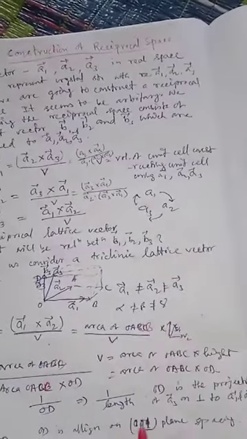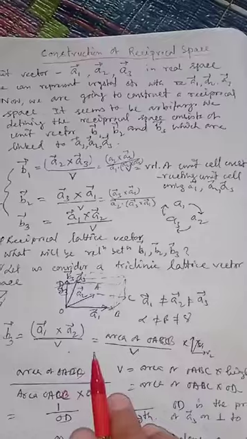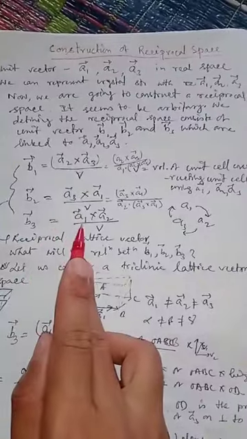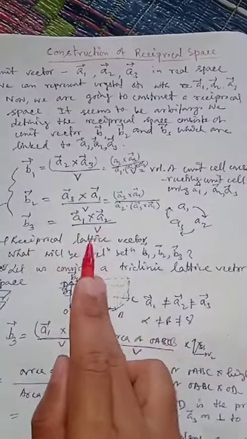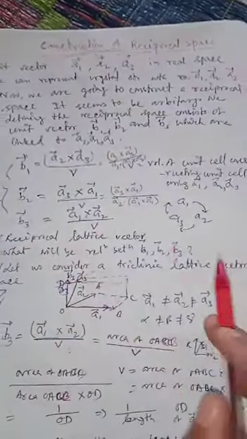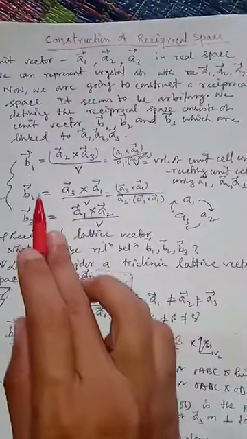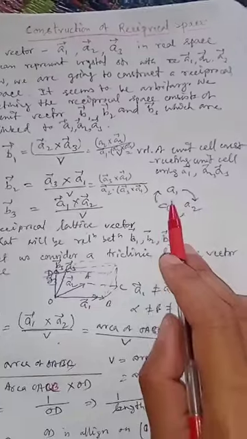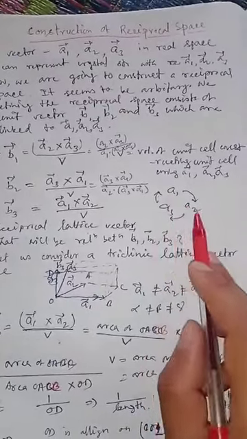By considering the definition, we say that the reciprocal space vector B3 is equal to A1 cross product A2 by the volume of the unit cell. Similarly, you can construct B1, B2 by the definition, and this is basically a cyclic rule A1, A2, A3.